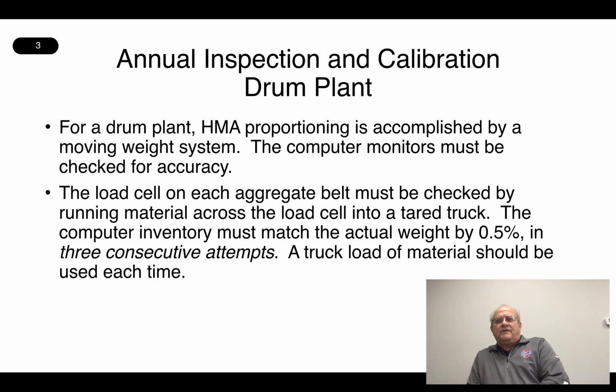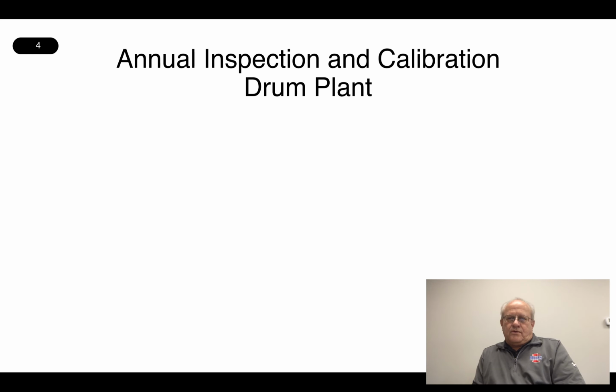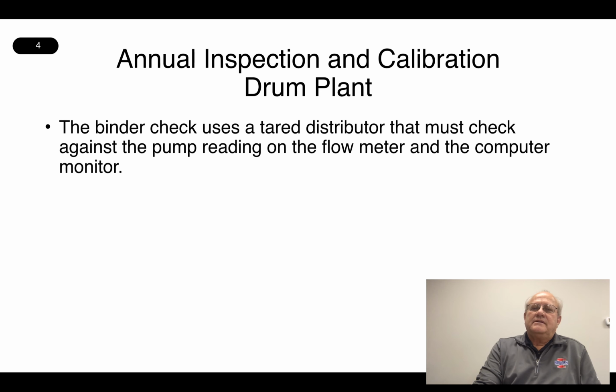And you need to do these quite frequently, once a month, or just whenever things don't seem like they're working out right. At the beginning of each season, you also have to check your asphalt pumps and make sure they're correct. For the binder check, you can either use a tared distributor, which is the tank truck, or you can use a portable tank sitting on load cells.